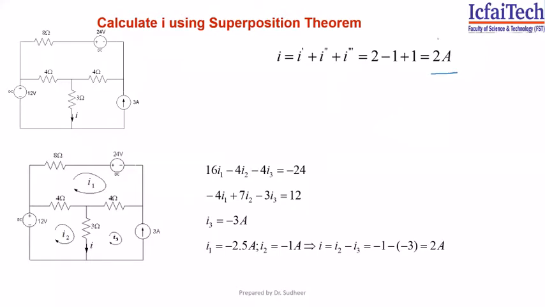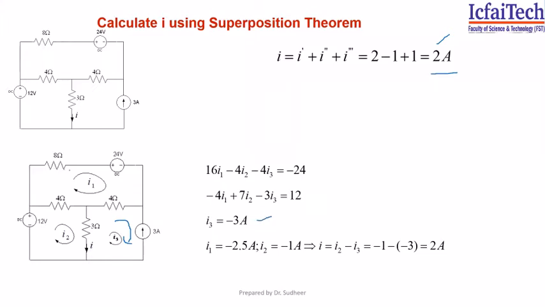So we can find out whether this is correct or not by simply applying the mesh analysis for the given circuit. If you apply the mesh analysis for this given circuit, you can see this is the I3 current flowing. From inspection, I can say I3 is equal to minus 3 amperes.